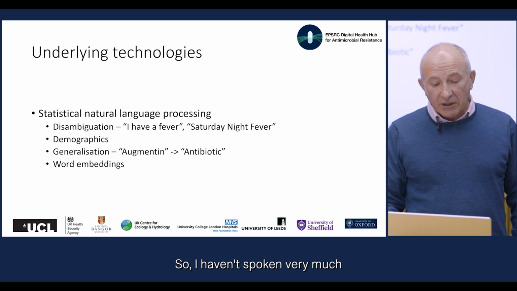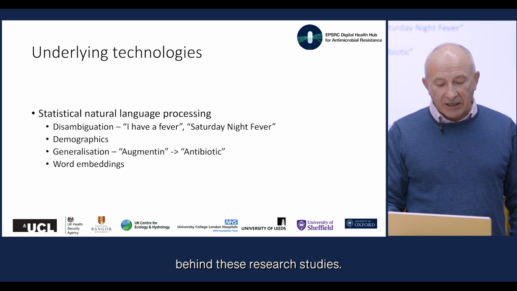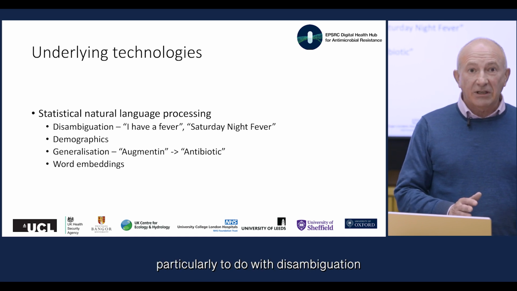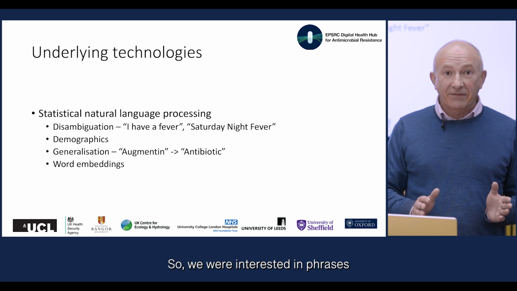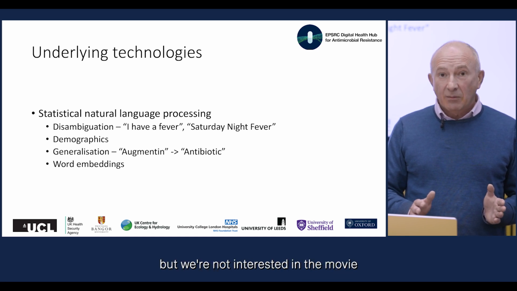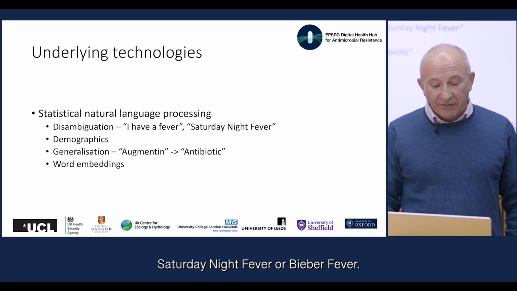So I haven't spoken very much about the underlying technologies behind these research studies. There's a lot of work that goes on in statistical natural language processing, particularly to do with disambiguation of phrases. So we're interested in phrases about "I have fever," but we're not interested in the movie Saturday Night Fever or Bieber fever.